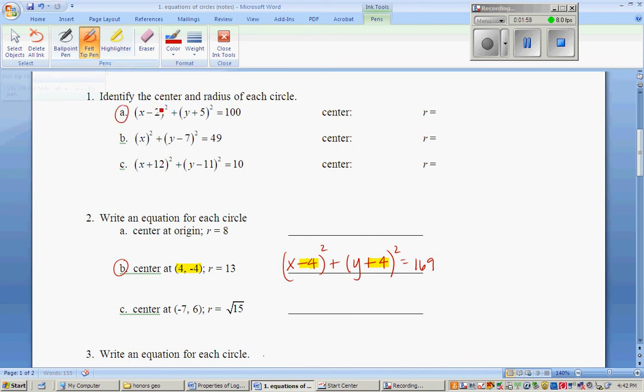If this is our center, we're going to be taking a 2, and the reason we have a plus 5 is because this was minus a negative 5 once upon a time. So the center is at 2, negative 5. To get the radius, you just square root that r squared, and the radius is 10.